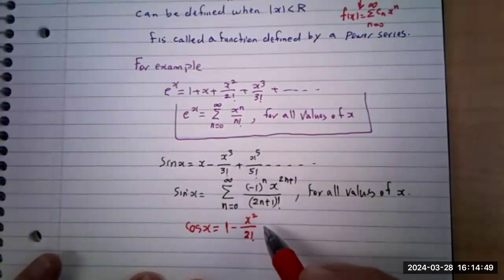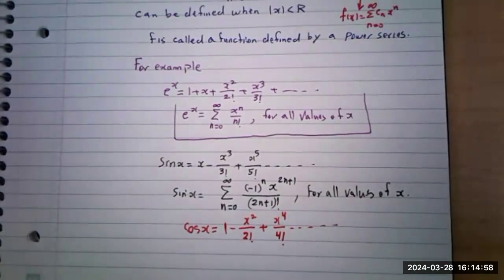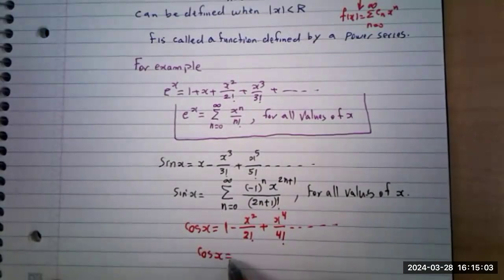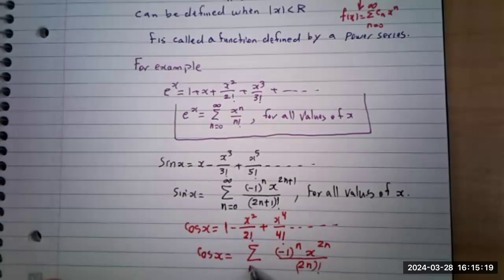That gives you the next one, which is an even power, x to the 4th over 4 factorial, etc. So in condensed form, cosine of x is equal to the sigma of negative 1 to the n, x to the 2n divided by 2n factorial, n from 0 to infinity.